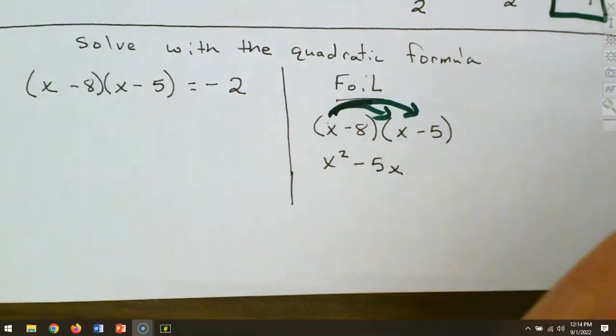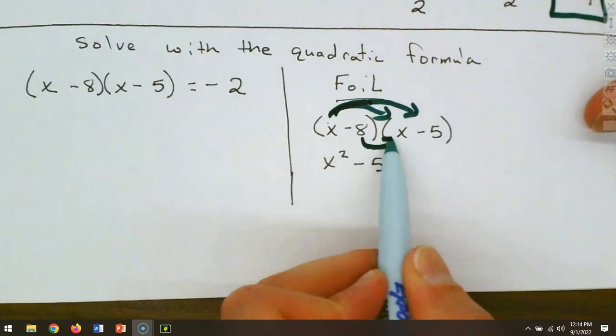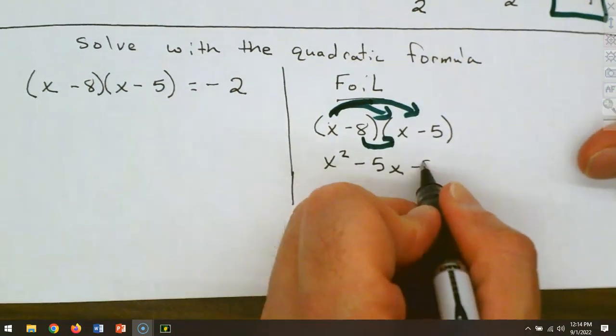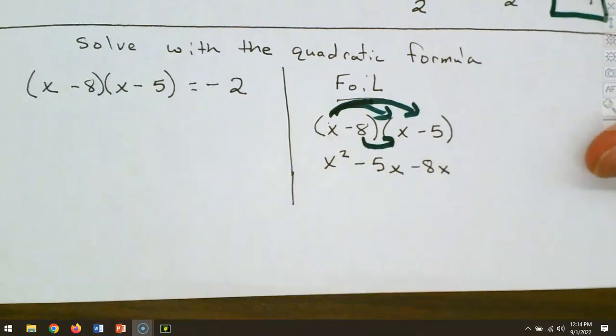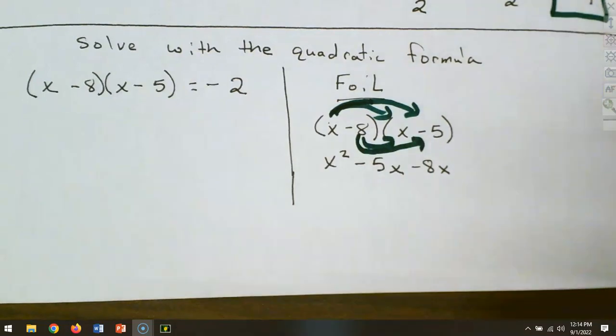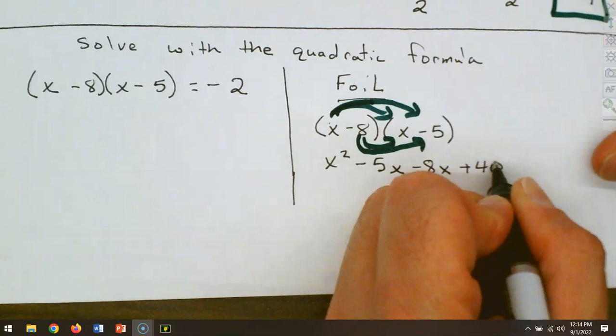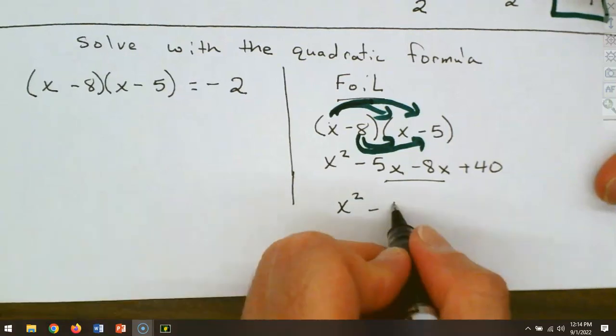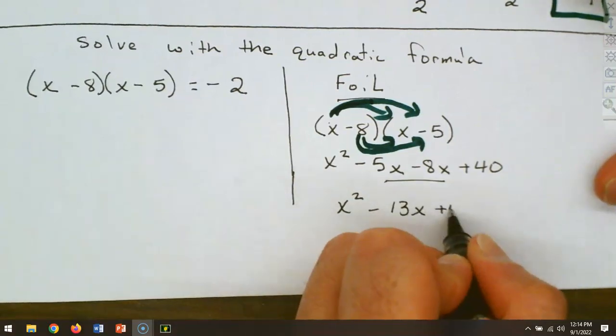Remember how to FOIL. Inside and inside, minus 8x. And last times last, watch your signs here. Last times last, negative and negative makes it a positive 40. We'll put those together in the middle, and that gives you x squared minus 13x plus 40.